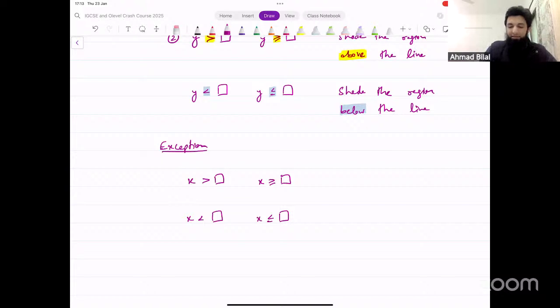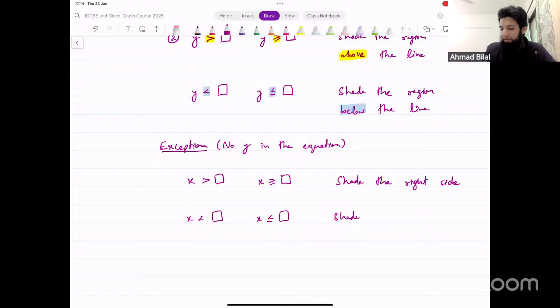In these cases, when there is no y in the equation and it's only in terms of x, basically it's going to be x equal to some constant. What do you do in this case? When it's a greater than sign or greater than or equal to sign, you shade the right side. And when you have a less than sign or less than or equal to sign, you shade the left side.